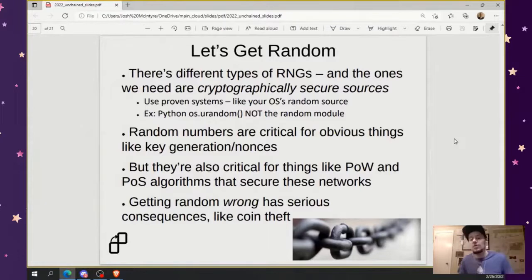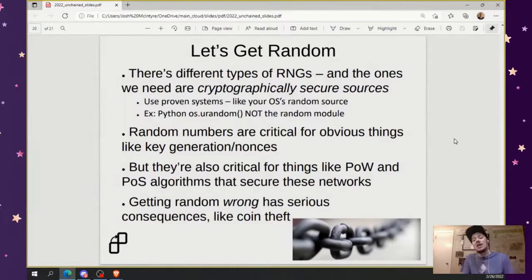I said earlier in the talk, the random function that most programming languages offer built in is not a cryptosecure source. Like rand in C is, I think, based on Mersenne Twister. It's certainly not cryptosecure. Python's random library is not cryptosecure.